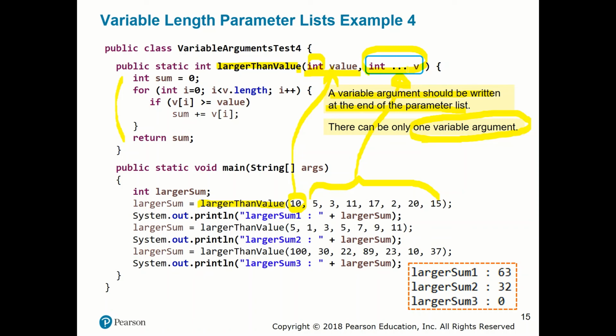And likewise, in the second call, 5 is value. 5 will pass to value, and the rest, these 6 numbers, will be assigned to array v. And also this time, 100 is value. 100 will be value, and the rest of the parameters will be the values in v.